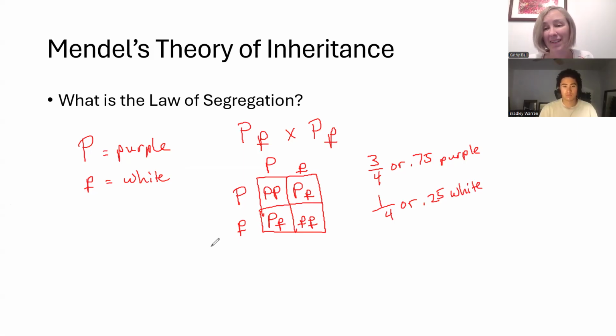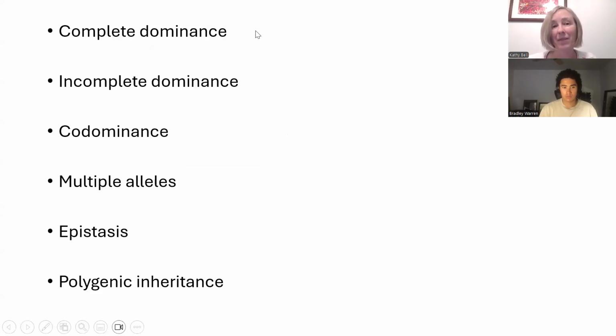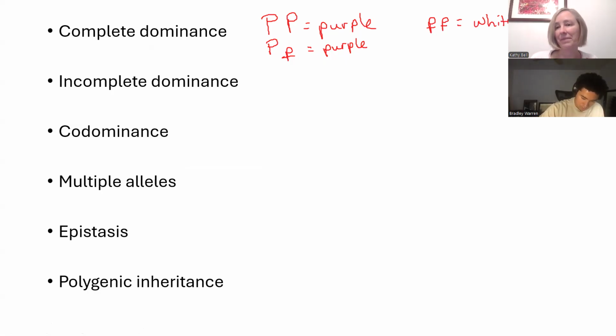Complete dominance just means that if you have that dominant allele around, it's going to be purple, or if you have a heterozygote, it would be purple. And the only time you'd see the recessive allele expressed is if you're homozygous recessive.